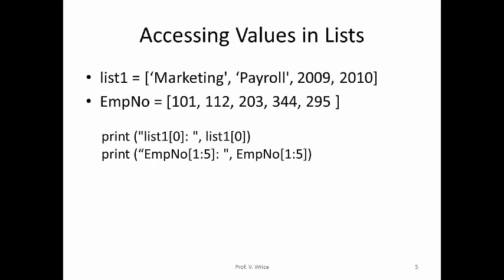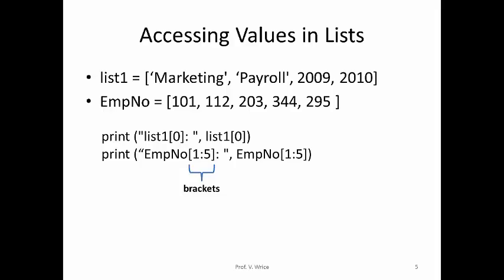The syntax for accessing values in lists uses the square brackets for slicing, along with the index or indices, to obtain the value available at that index. In this example, the first element of list 1 is displayed using the print statement. Then we will display elements 1 through 5 of the employee empno list.